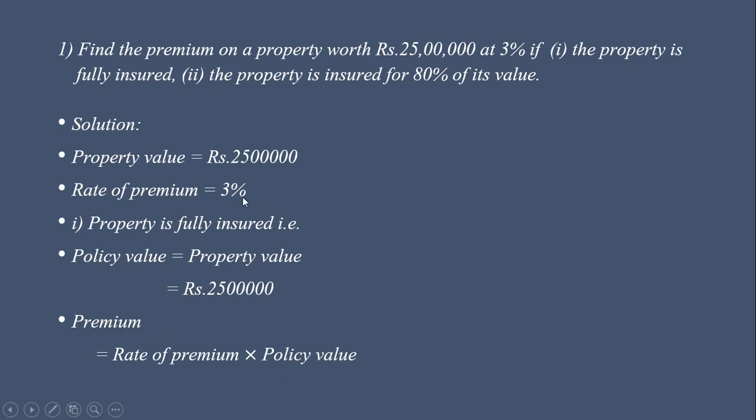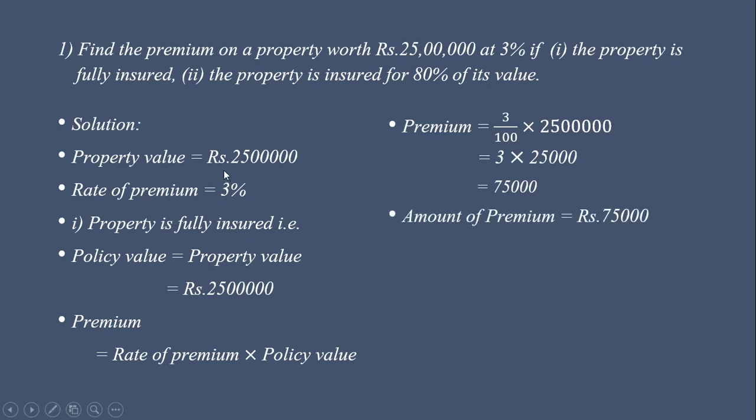We substitute the values. We get premium is equal to 3%, that is 3 upon 100 into 25 lakh. Cancelling these two zeros, we get 3 into 25,000, which is equal to 75,000.